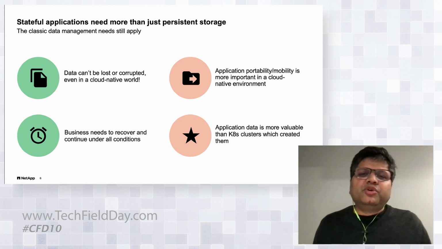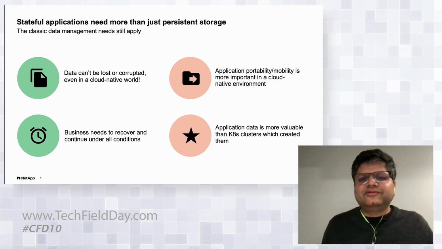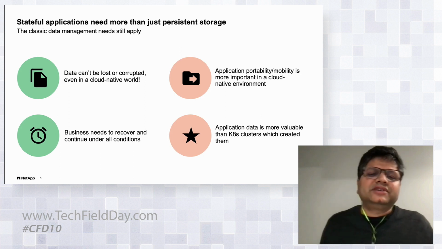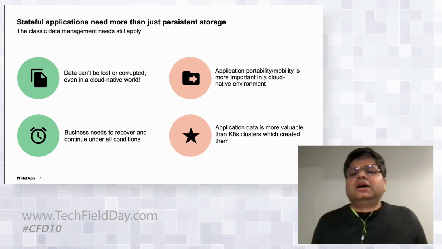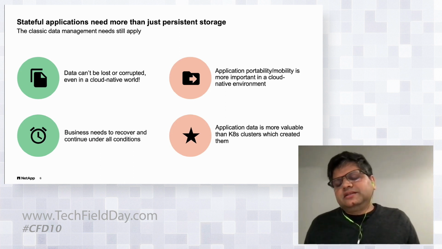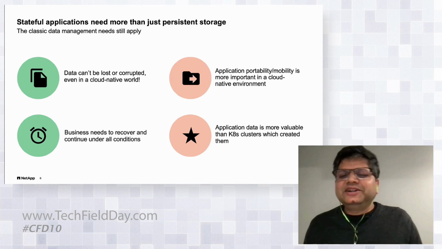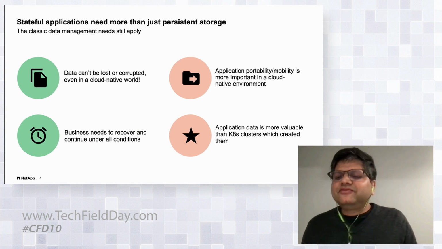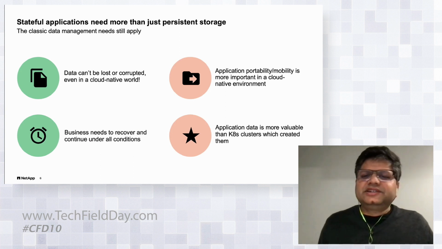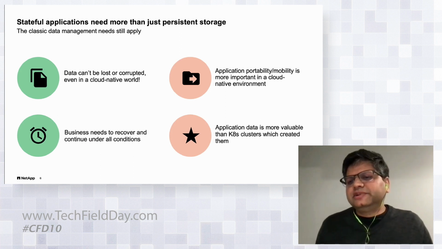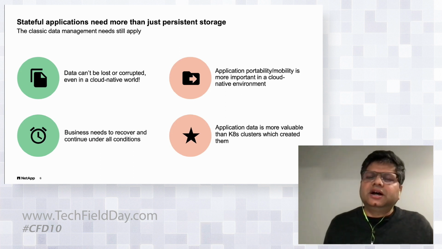Business continuity is more important than ever, and in the cloud native world, it doesn't go away, right? So you cannot have an outage for hours and everything is not fine. The other thing that Kubernetes has added to this equation, which you may not find, or even if you find, it's not that common in the traditional world, is that application portability and mobility is more important.